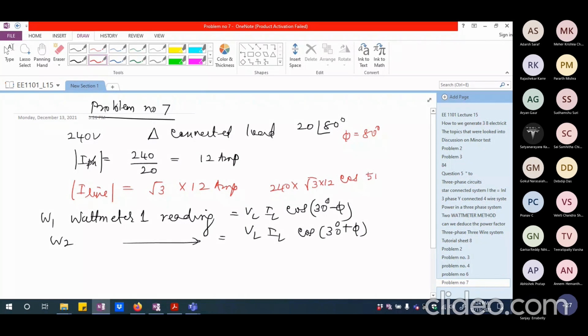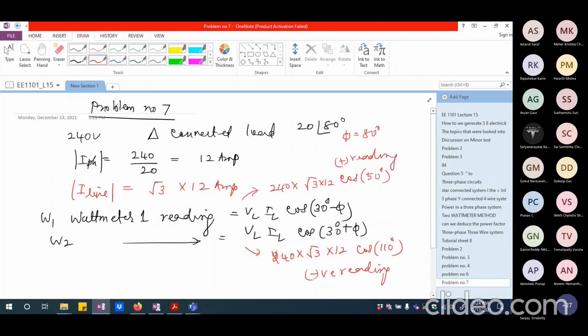So cos of minus 50, which is the same as cos of 50. And the second is going to be VL, which is 240, times √3 times 12 multiplied by cos of 30 plus 80, which is 110 degrees. So please note this will be a negative reading, whereas the first is going to be the positive reading.